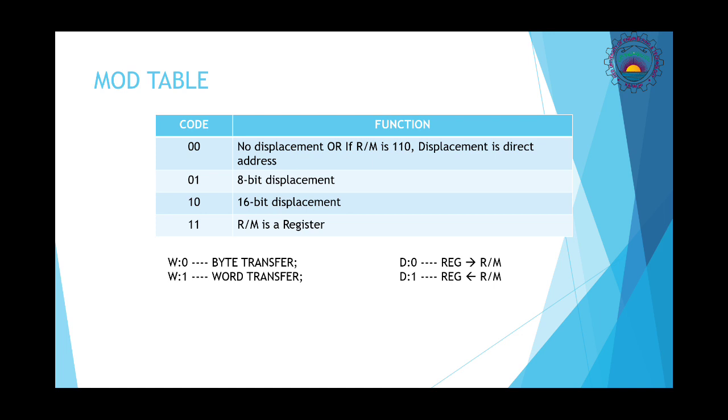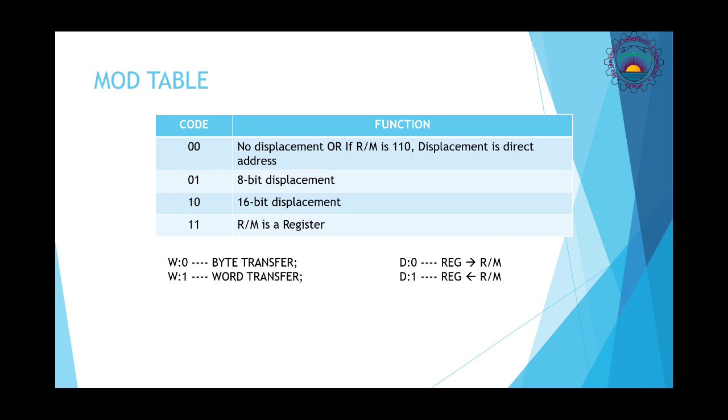So mod field will be placed as 11. So that will be a declaration that no memory access is present in the operation of the instruction, but r/m field is having the code of a register. But if there is some memory access during the operation of your instruction, then mod field may be 00, 01, 10, depending upon the addressing mode and the presence or absence of displacement in your instruction.